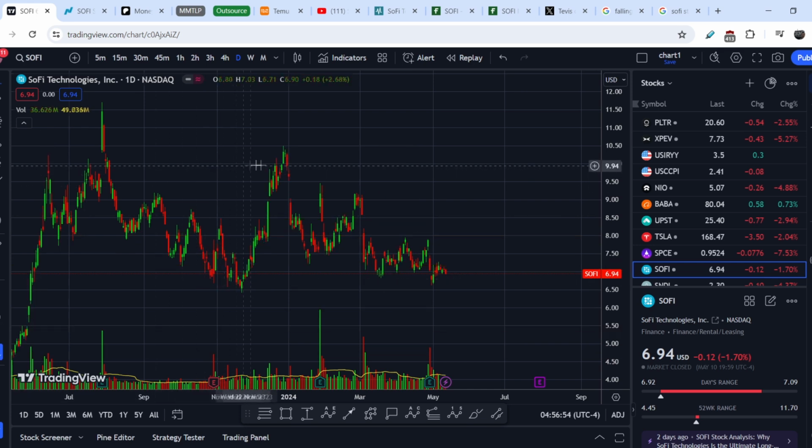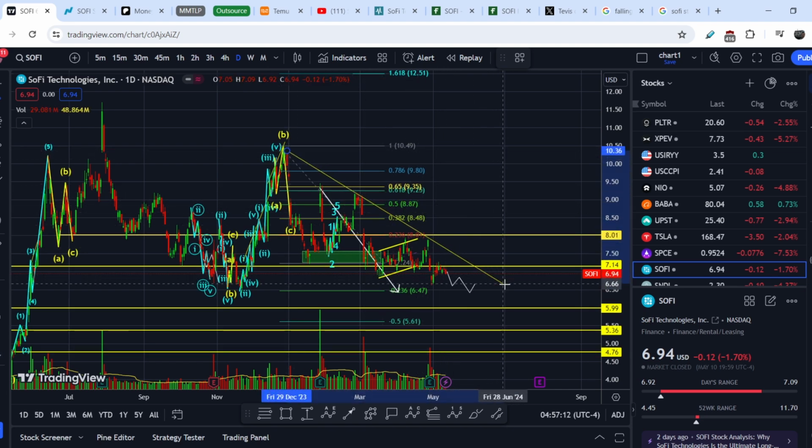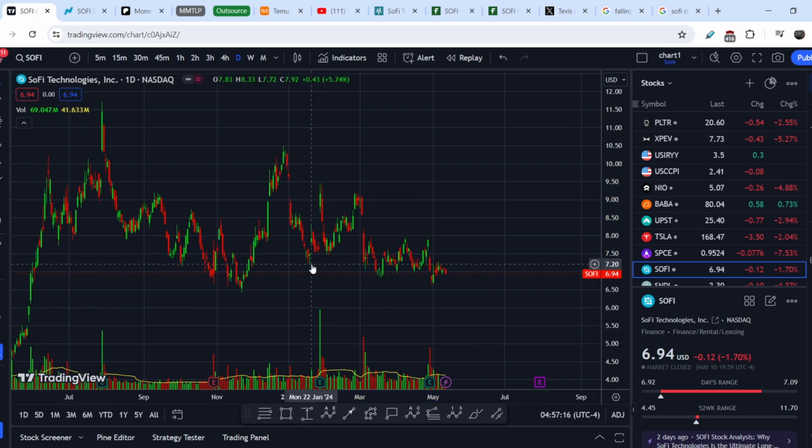So, again, if I connect this top that this asset set on December 27th of last year, this top on February 29th of this year, and this top that was set just on April 26th, you can see that it is the range of resistance. And the next is the range of support. Let me again show you like this.